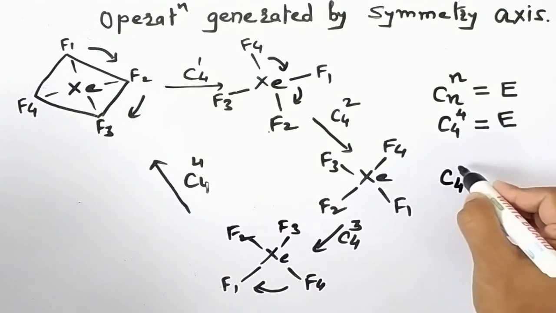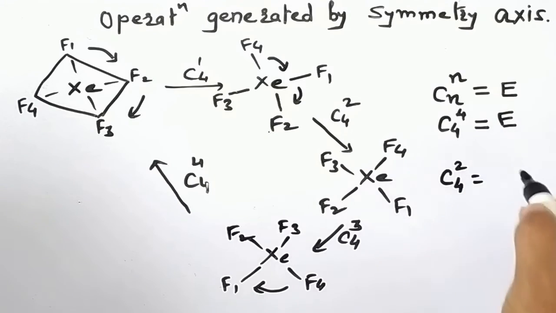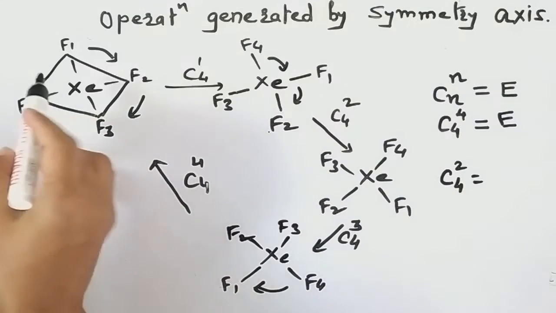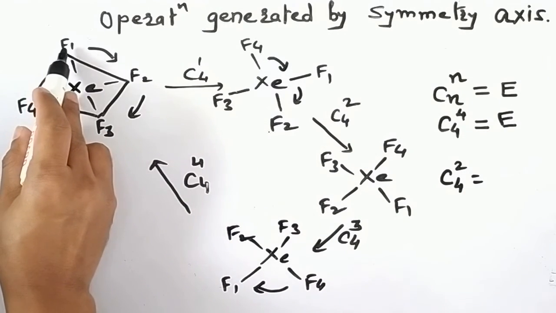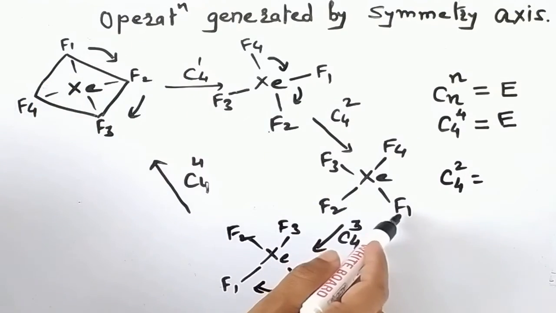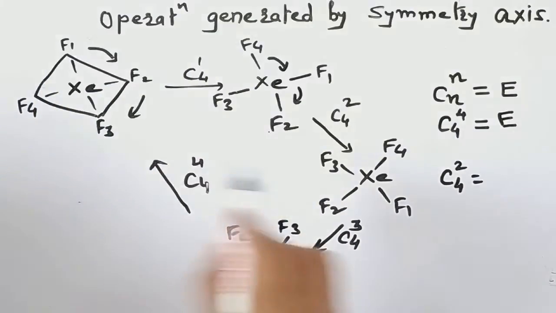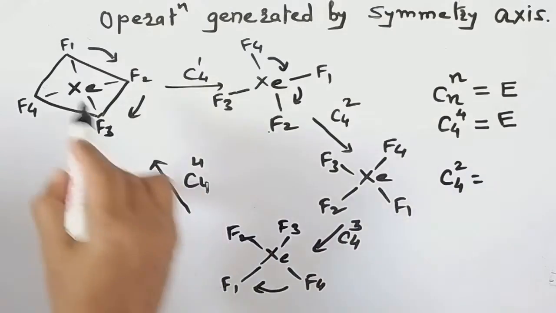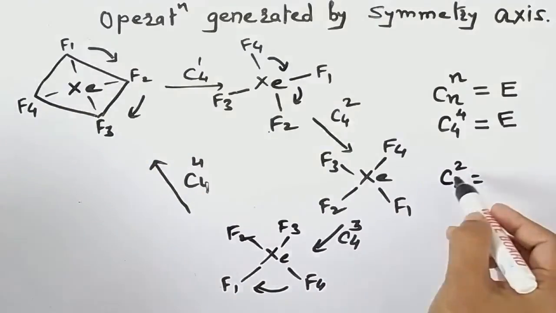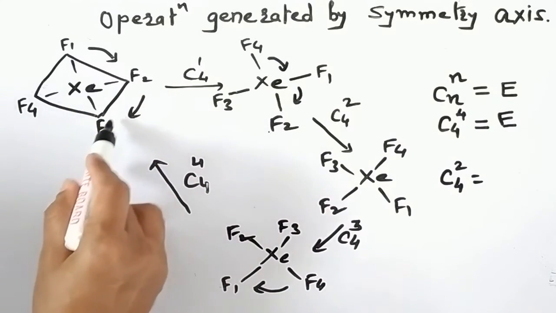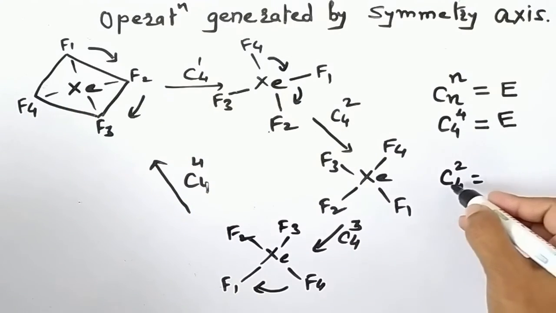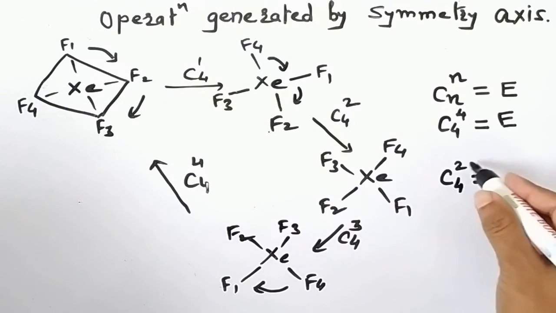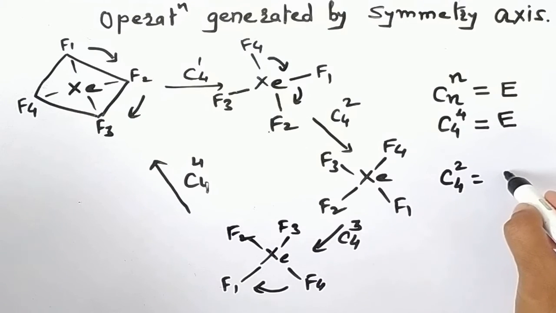If I operate C4 twice, the F1 atom has shifted to the opposite side. What is the degree of rotation for C4 twice? The total degree of rotation becomes 180.